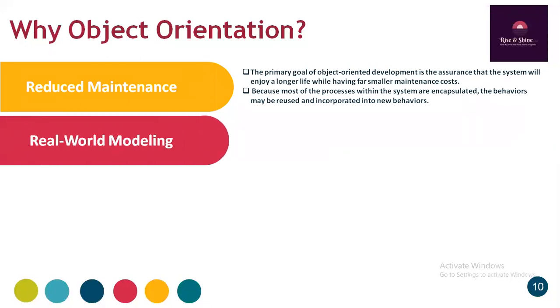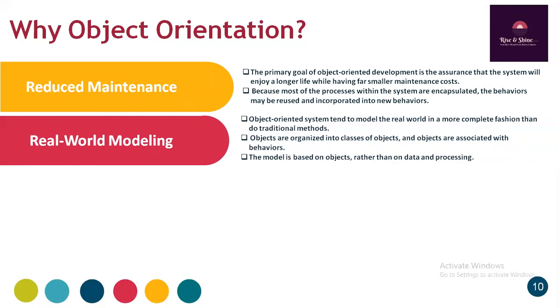Then real world modeling. An object-oriented system models the real world in a more complete fashion than traditional systems. Suppose we are developing a banking system using object orientation. In a real world bank there is an account, so in the system we are automating there is also an account object.